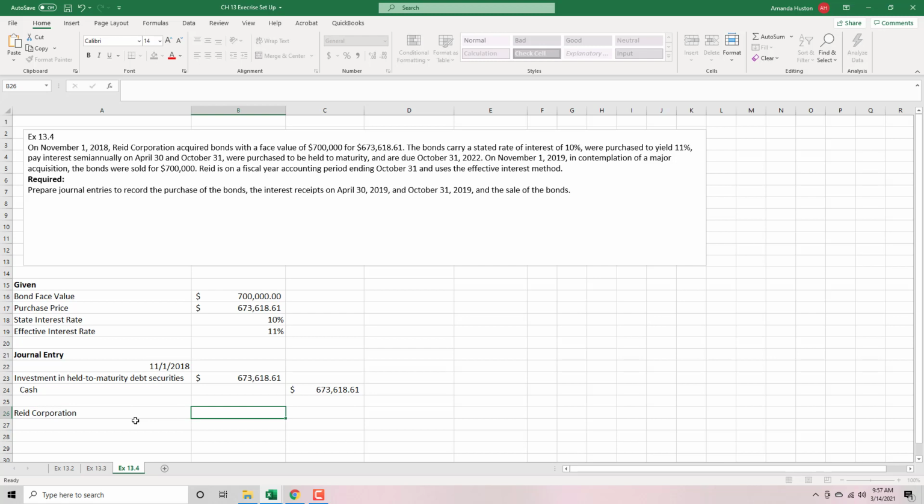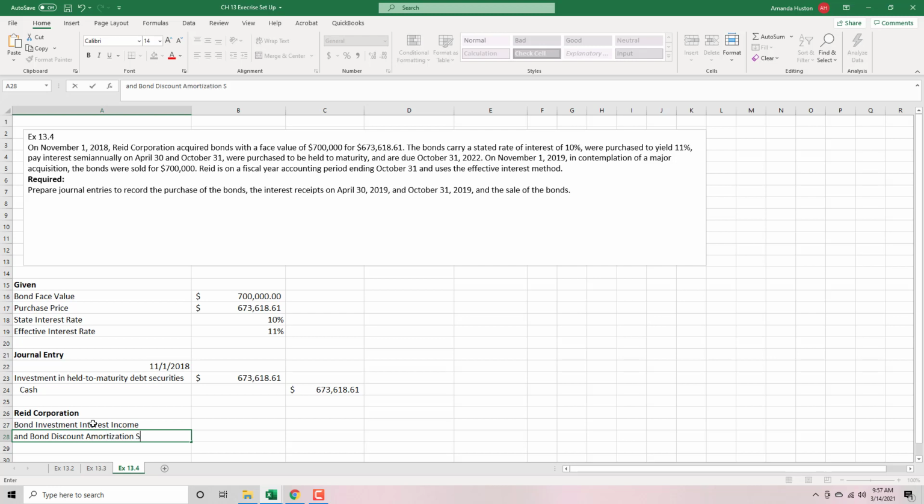This is just a partial, not the whole thing. Effective interest rate method. All right, so that's the title of the schedule.